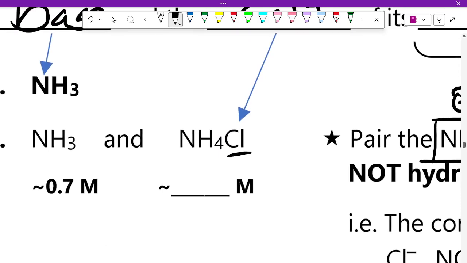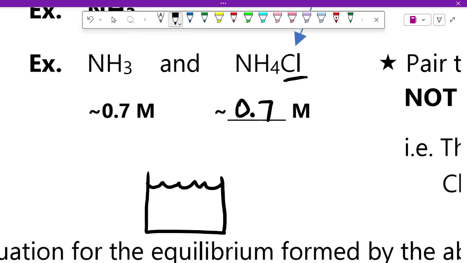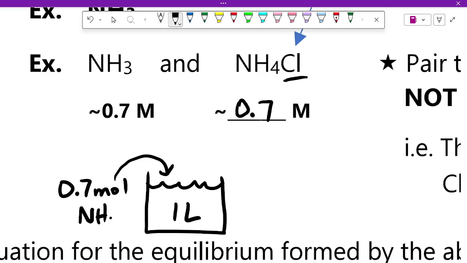What concentration would we want that to be? We'd want it to be about 0.7 molar. So literally when you make a buffer, you take your water and you would dump in, if this is 1 liter, 0.7 moles of NH3.